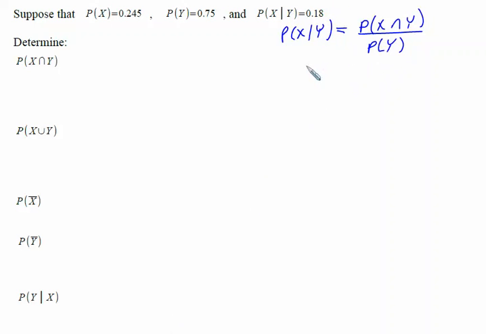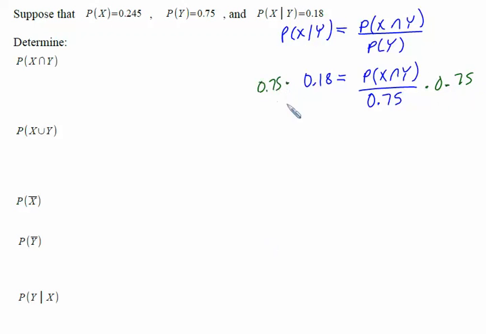Now as we plug in here, we know the probability of x given y is 0.18. We don't know the probability of x and y, but we know that the probability of y is 0.75. To solve for the probability of x and y, we multiply both sides by 0.75.